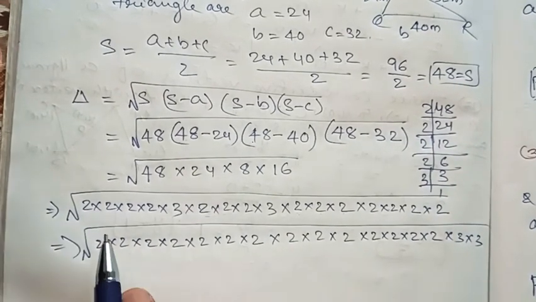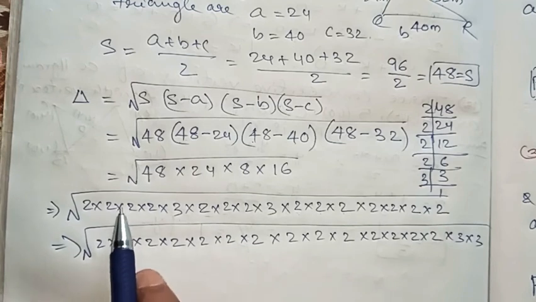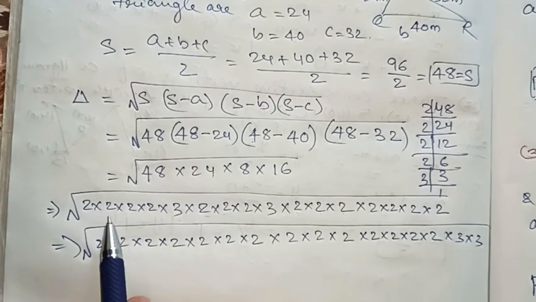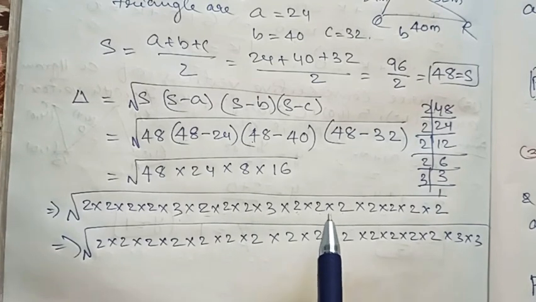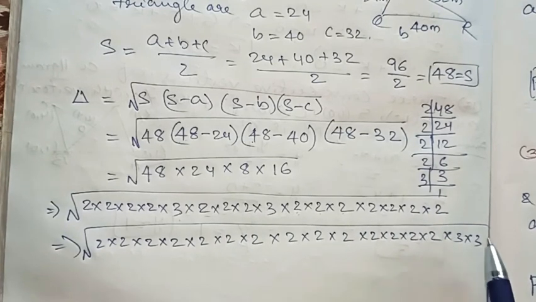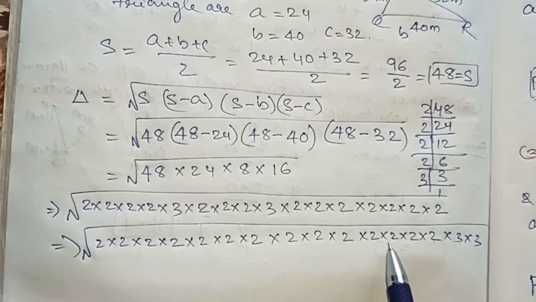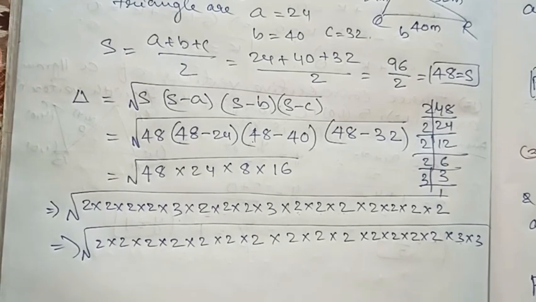Just arrange and count how many numbers you wrote, whether all the numbers are correctly written or not. 1 2 3 4 5 6 7 8 9 10 11 12 13 14 15 16. So all the 16 numbers we wrote properly.